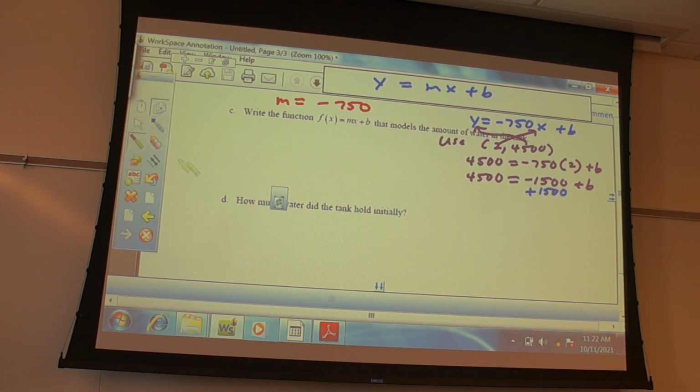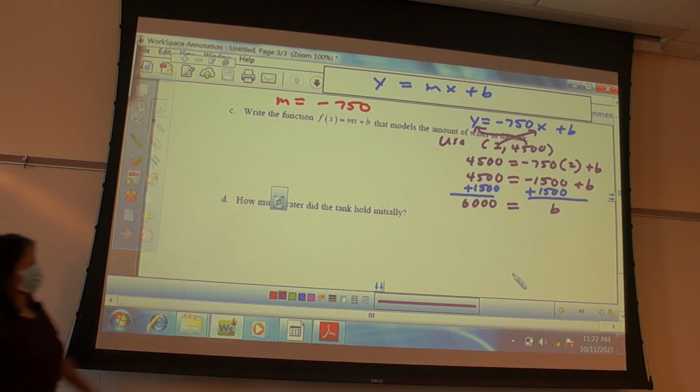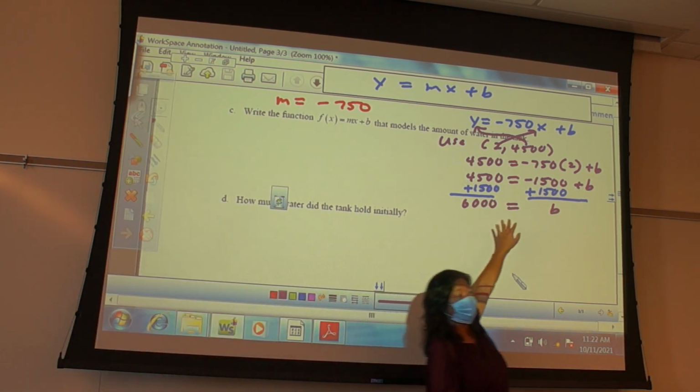I'm going to draw a little line down here so I keep my equals straight on both sides. Whatever I do on one side, I have to do on the other side. Then combine like terms. 4,500 plus 1,500 is 6,000. On the other side, I get b. So I found my b. My b is 6,000.